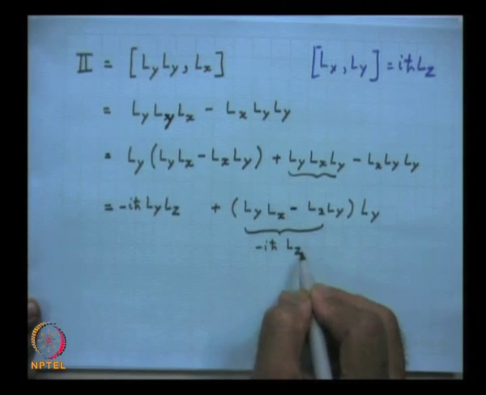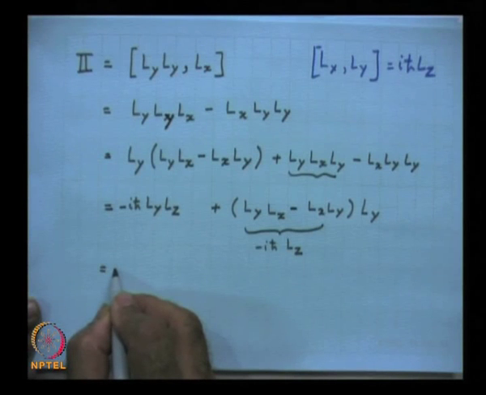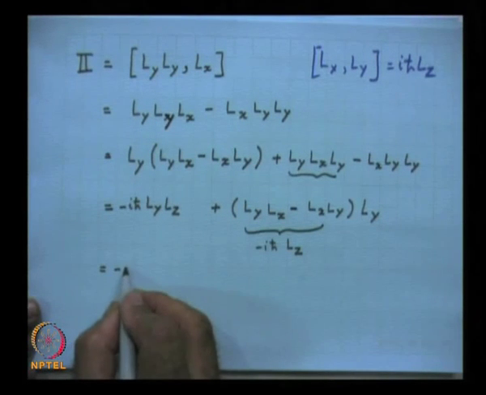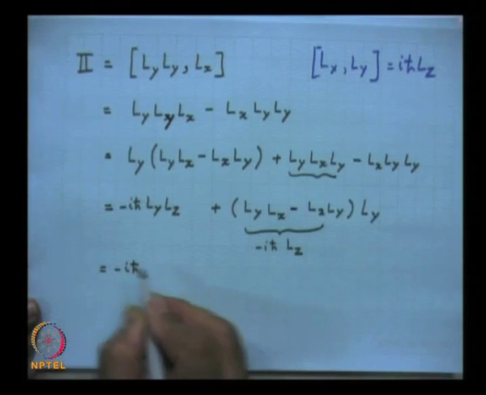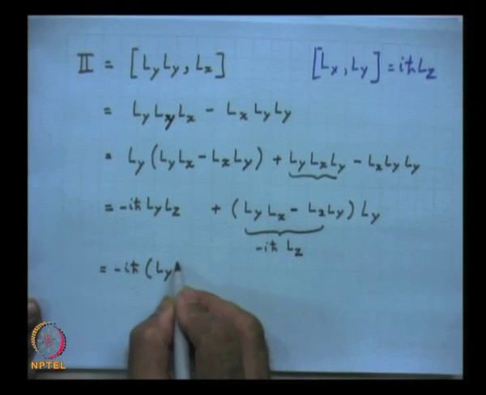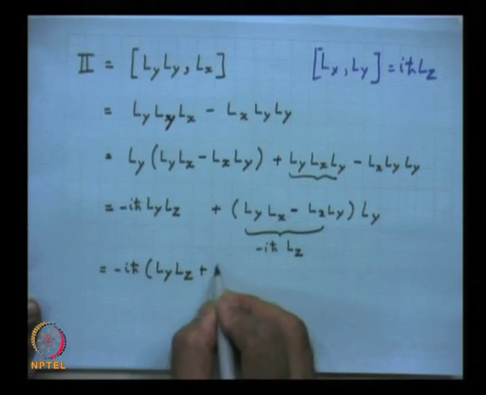So, I get minus I h cross L y L z plus L z L y.